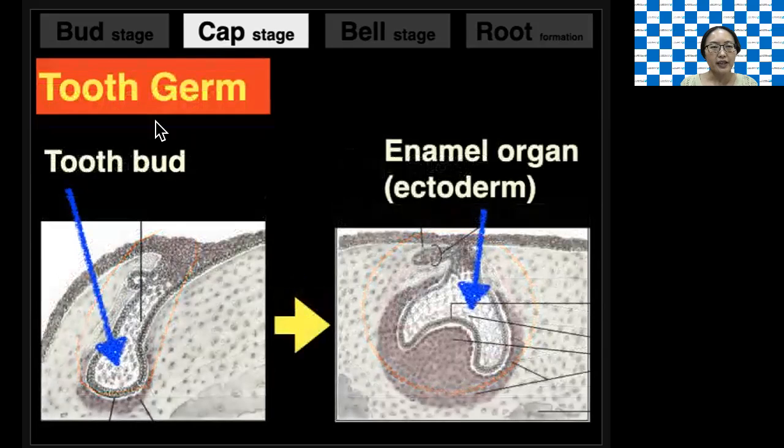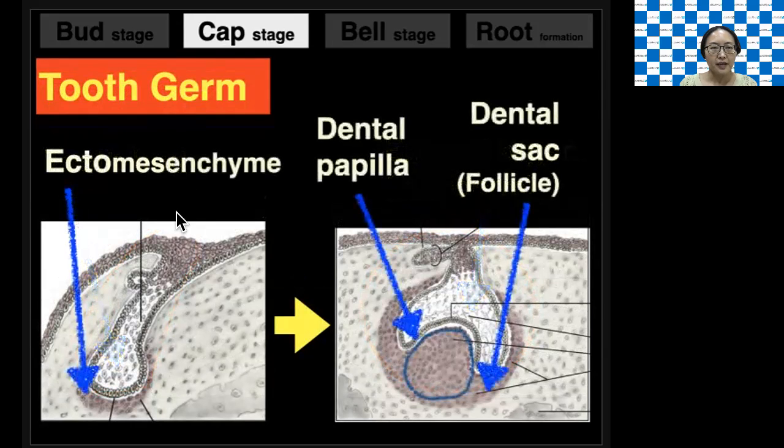Let's see more detail. The tooth bud in the tooth germ will proliferate and differentiate into the enamel organ, like a cap. And the ectomesenchyme surrounding the tooth bud will continue to proliferate.